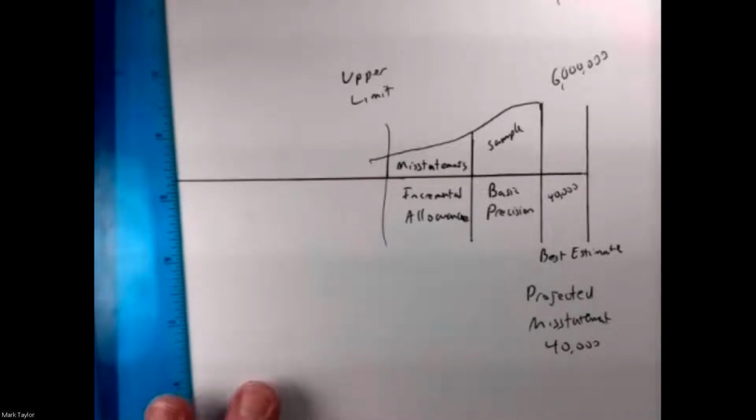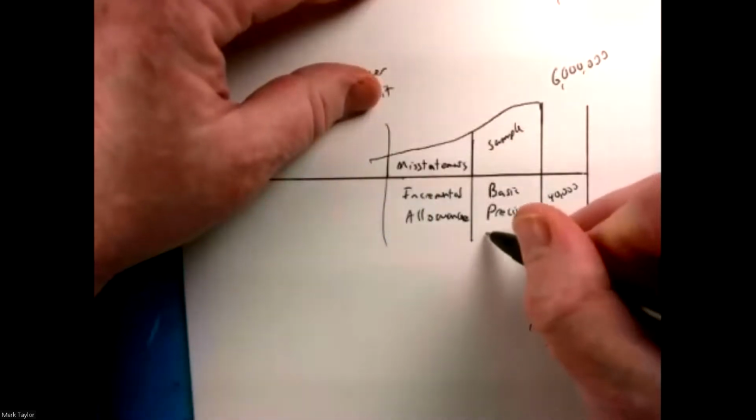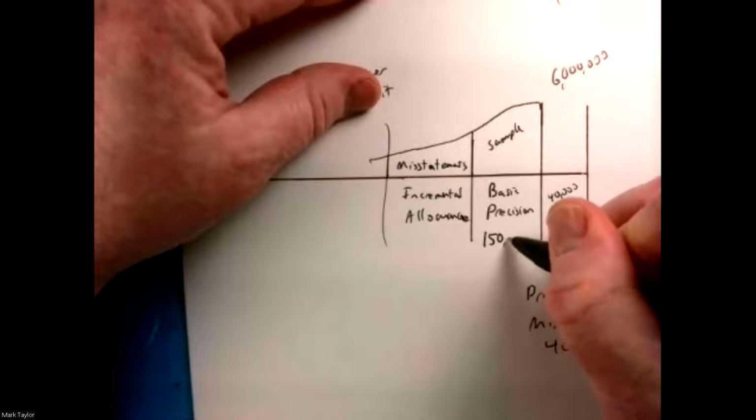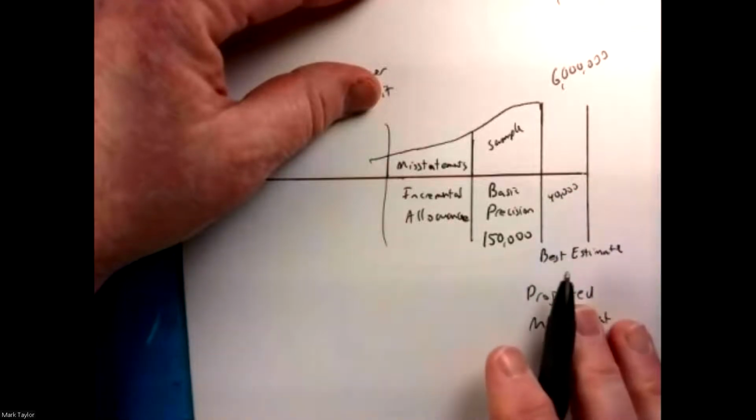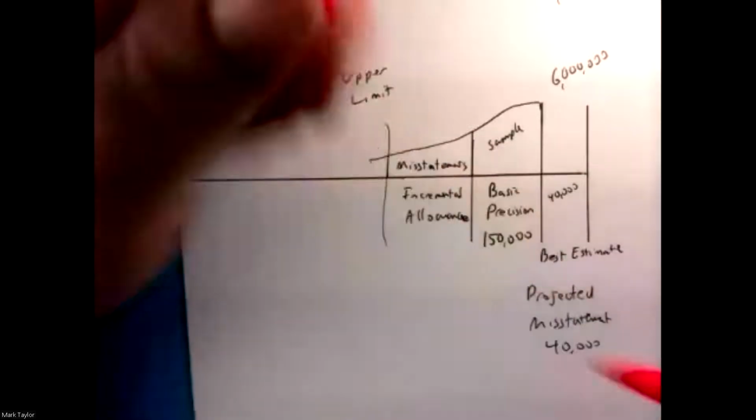So going back to this thing, this basic precision says that this could be up to 150,000 more, just because it's a sample.